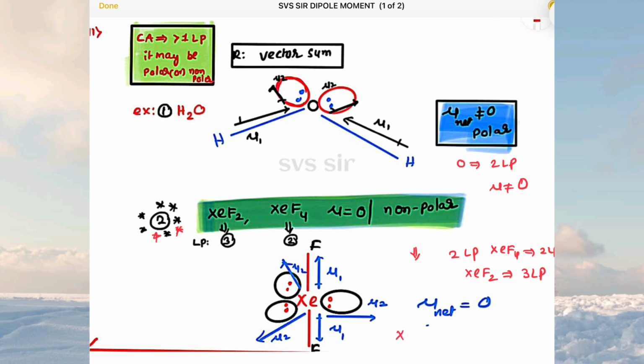Here I have explained XeF2. Here you see we have three lone pairs and the bonded atoms are present along the axis, axial bonds. So both the bonds are going in opposite directions, from less electronegative to more electronegative. Both are in opposite directions, so the net dipole moment is equal to 0.